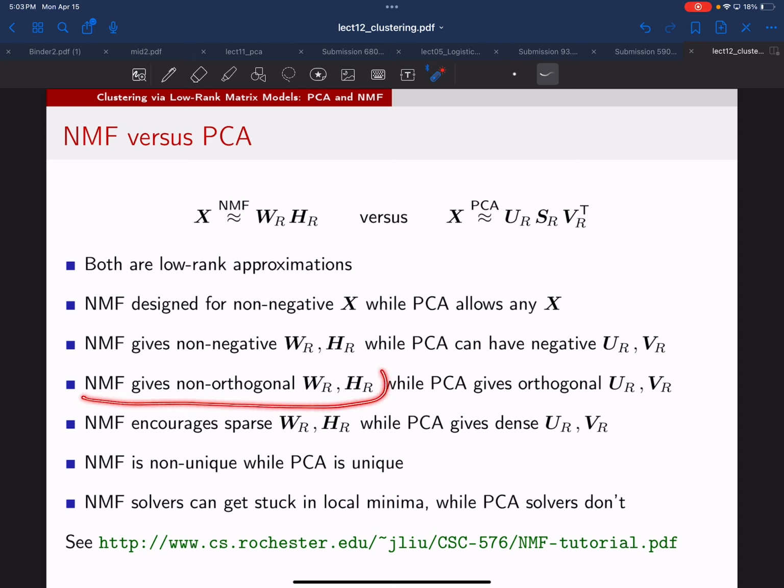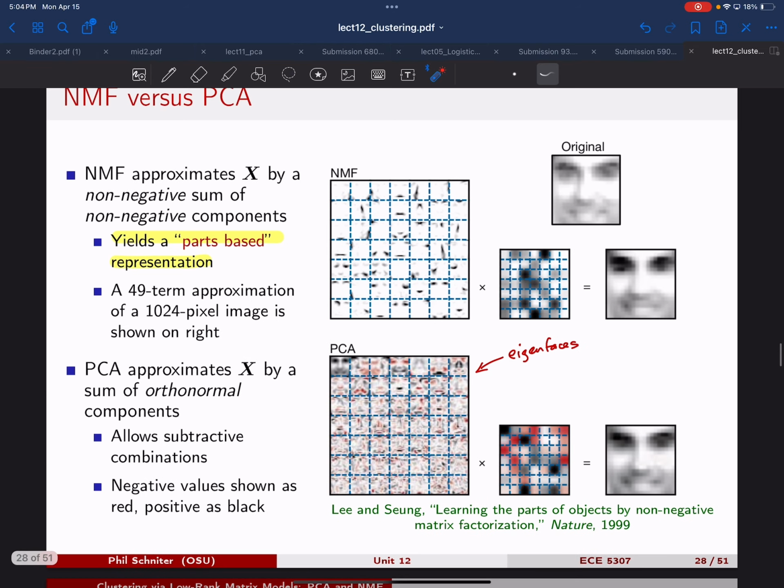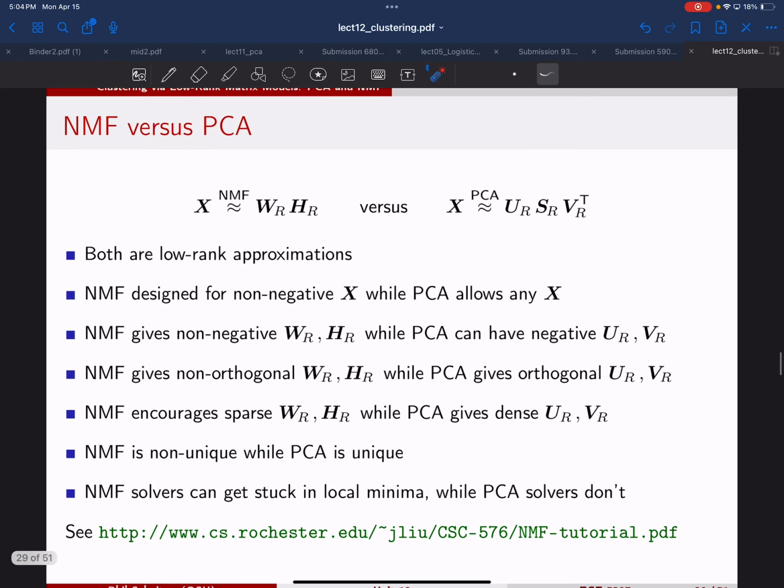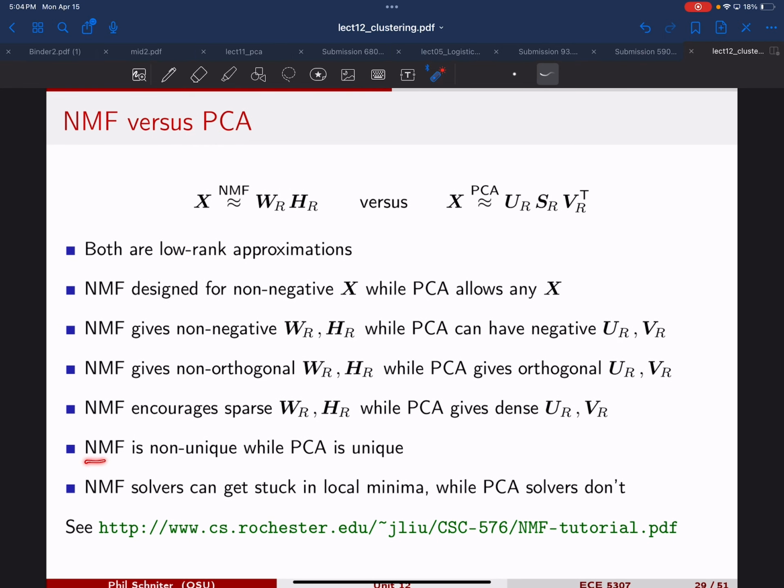NMF gives non-orthogonal matrices, whereas PCA gives orthogonal ones. NMF gives a lot of sparsity. When you look at these, you see tons of zeros. PCA components are generally not sparse. NMF is not unique. There are different ways you can construct this, whereas PCA is unique.